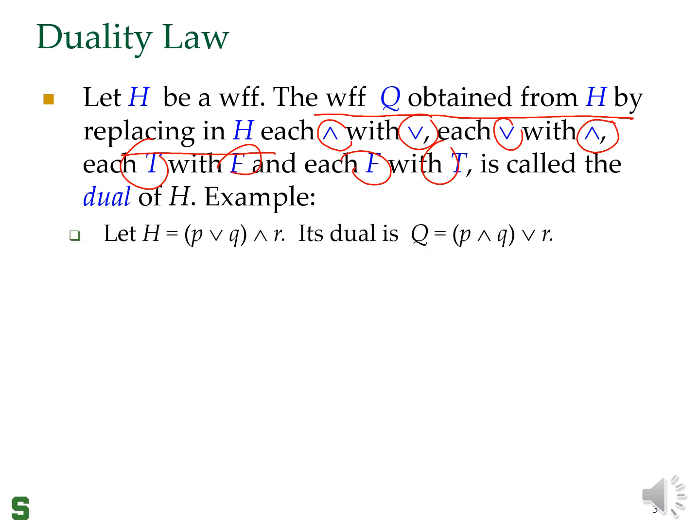So let's say H is a formula. The dual would be: replace every OR by AND, every AND by OR, true by false, and false by true.